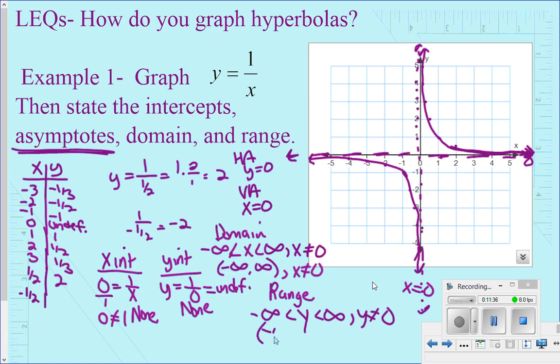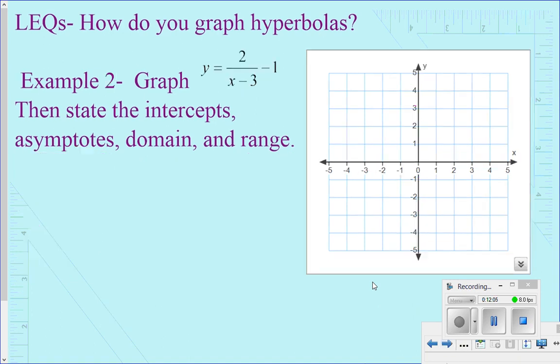Or interval notation, same idea. Don't know why the board does not like when I get down too low. Y cannot equal 0. There we go. Okay, so we have our domain, range, x-intercept, y-intercept, asymptotes, and I think we're good to go. So that is a hyperbola.